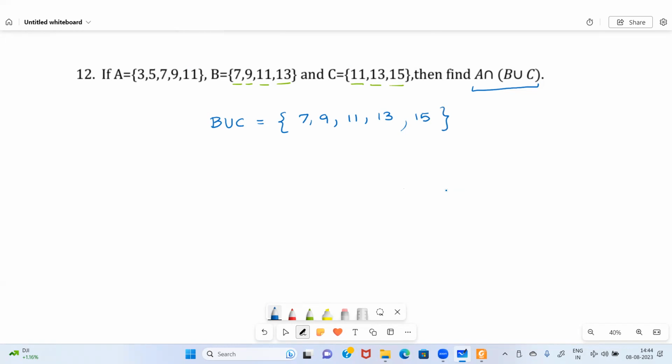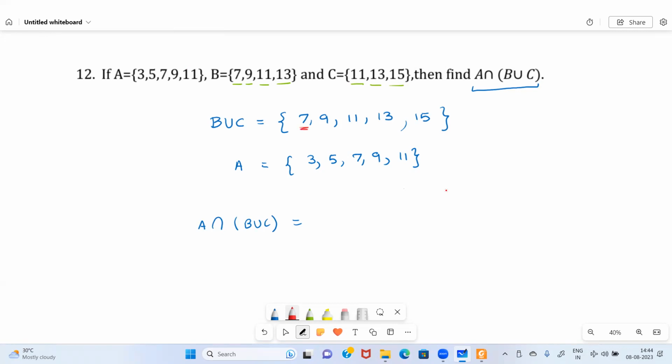Yes, students. Now let's write down A here once again. A is 3, 5, 7, 9, 11. So what do we need to find? We need to find A intersection with B union C. So you can see the intersection, common elements in A and B union C. All right. So which elements are common in both B union C and A?